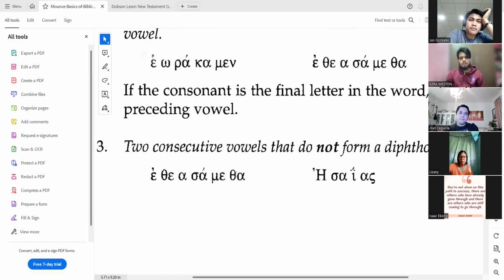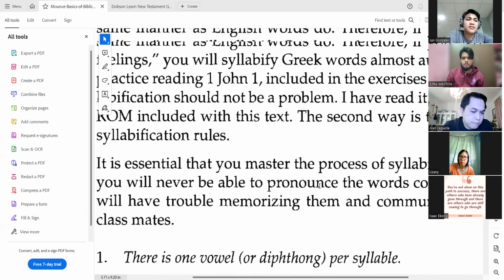And then, this capital H, what letter is it? Eta. It is an eta, good.